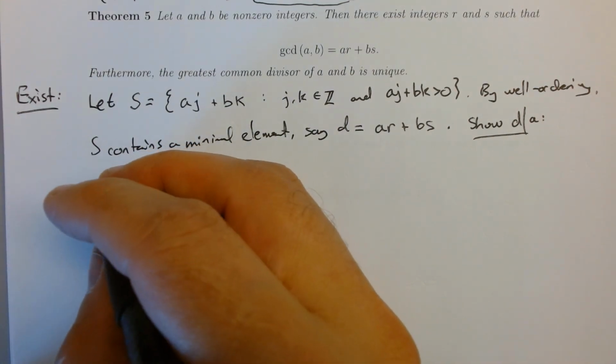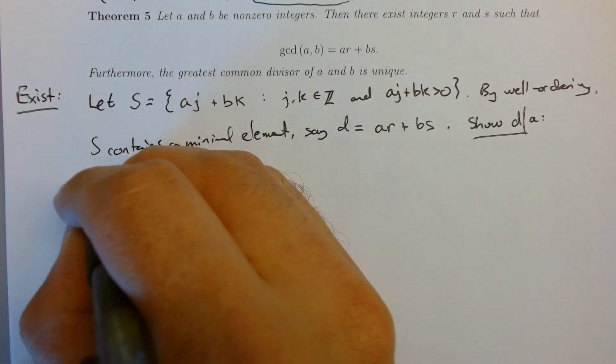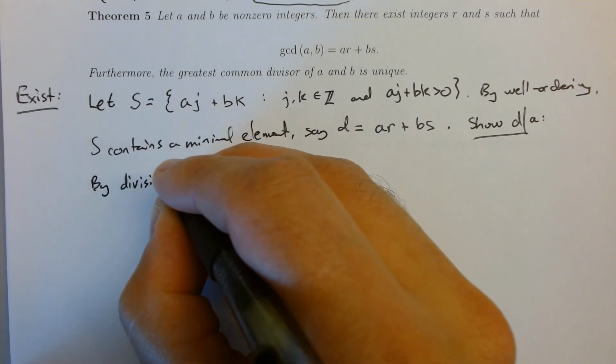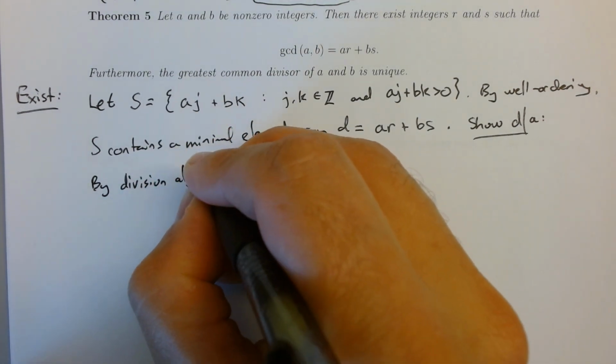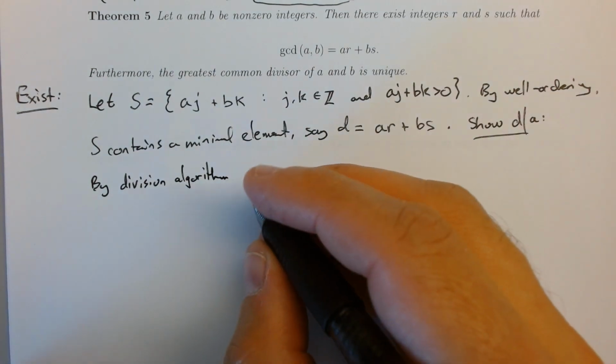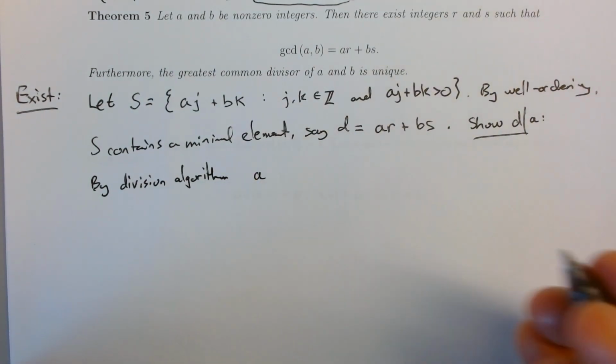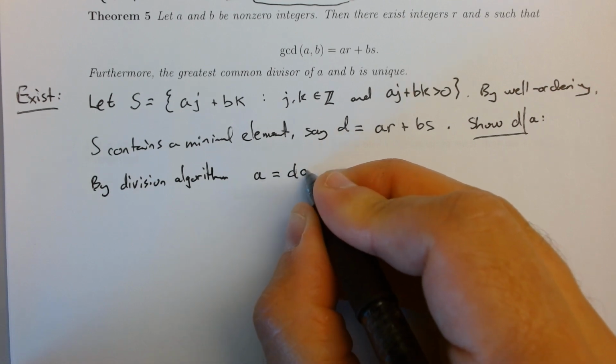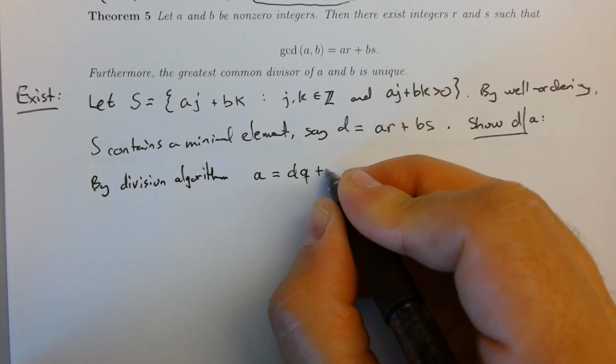So by the division algorithm, we can divide a by D, so we get some q and r. So a is D times q plus r.